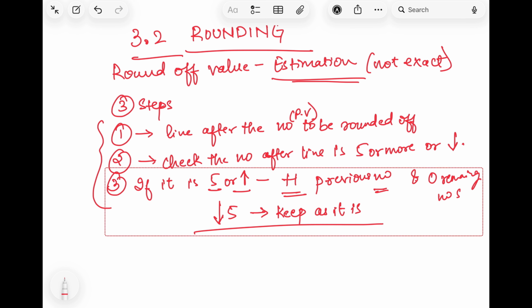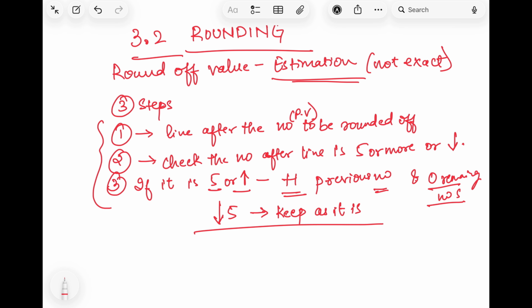First, we put a line after the number or the place value to be rounded off. Second, we check if the number is 5 or more than 5, or less than 5. Third, when it is 5 or more than 5, we add 1 to the previous number, and if it is less than 5, we keep the previous number as it is. But after the line, whatever numbers are there become 0.